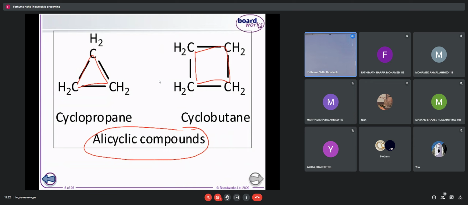We call these alicyclic compounds. We have aliphatic, open chain structures like this, and alicyclic, a cycle like this. Aliphatic and alicyclic are the two that are important for us, not the aromatic compounds. So aliphatic we need and alicyclic we need.